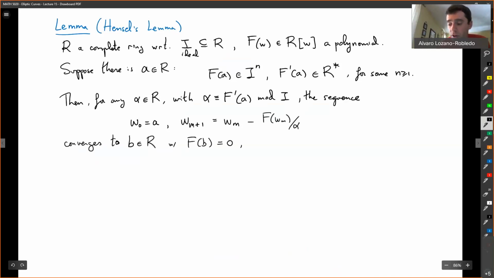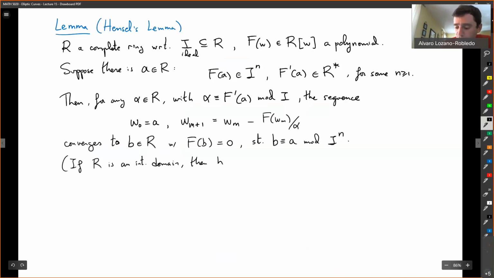So we've constructed a root of f of w, such that B is congruent to A modulo the nth power of the ideal. Moreover, if R is an integral domain, then B is unique.